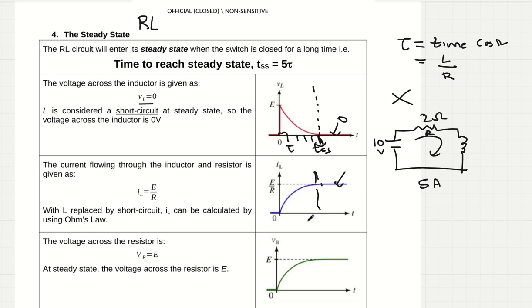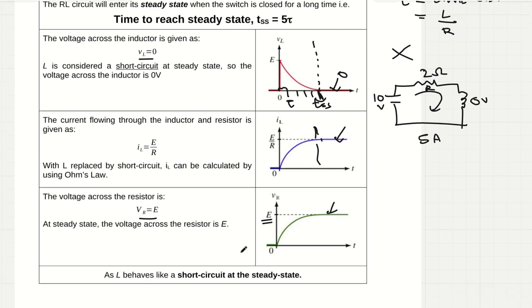The voltage across the resistor is the same as the voltage of the source. Because there's no voltage drop across the inductor, the voltage is 0 volts, therefore all the 10 volts will drop across the resistor, and we can see from the curve here also that it's the same value.